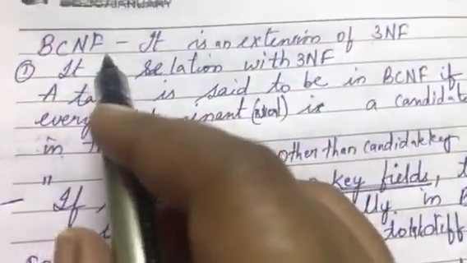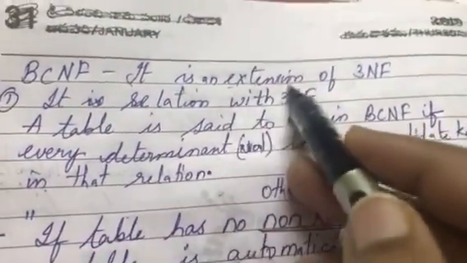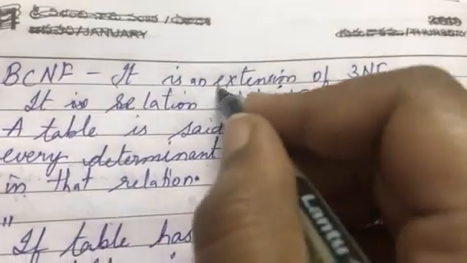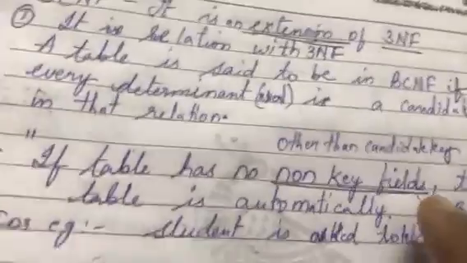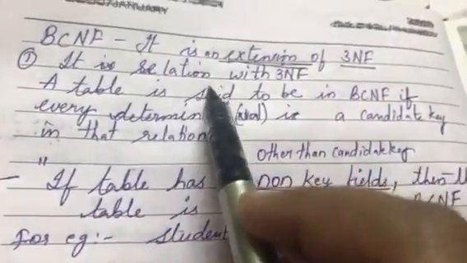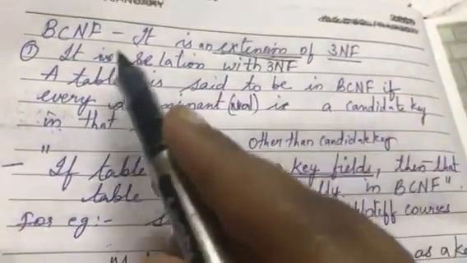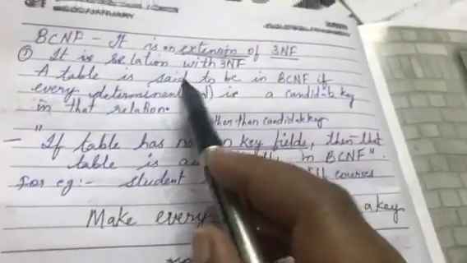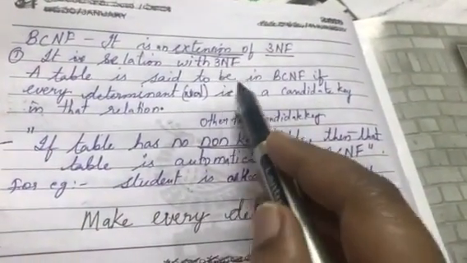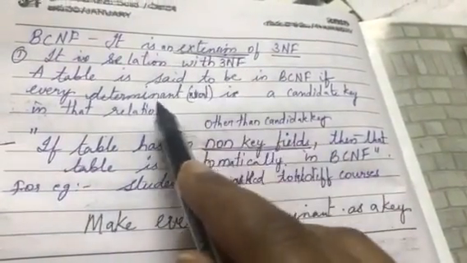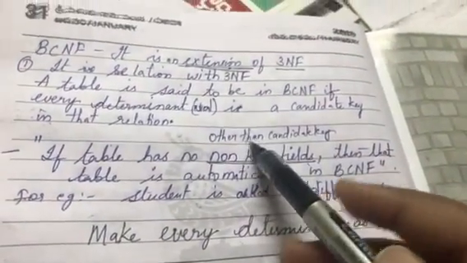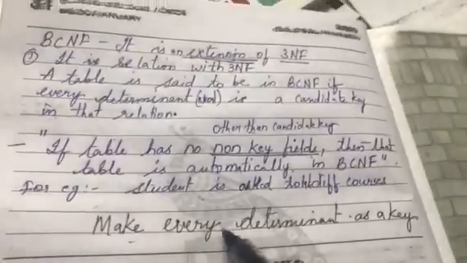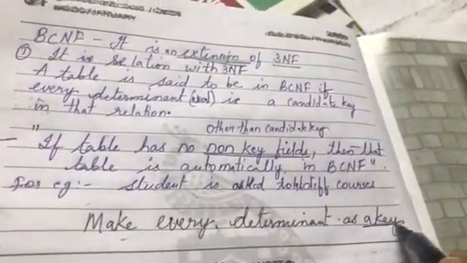Now we'll see BCNF, Boyce-Codd normal form. It is an extension of third normal form. This table needs to satisfy two conditions. One is that it needs to have a relation with 3NF. That means whatever we have done in 3NF, we need to satisfy the same conditions in Boyce-Codd normal form also, and make every determinant a key.